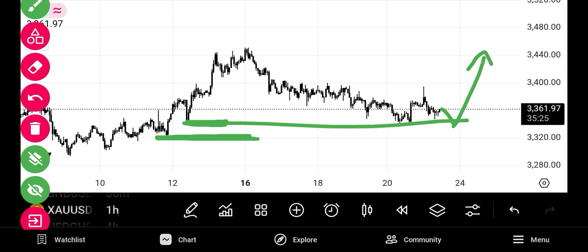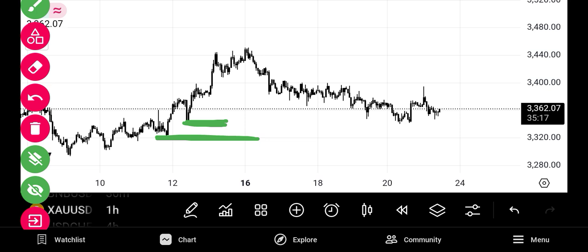Rather put your stop losses over here, or wait for price to come and take this out or go to the upside. If maybe you feel you're not going to make that trade, then I would rather suggest that you wait for price to take this one out and then enter on the retracement over here to the upside, of which you will have your stop losses safe over there.